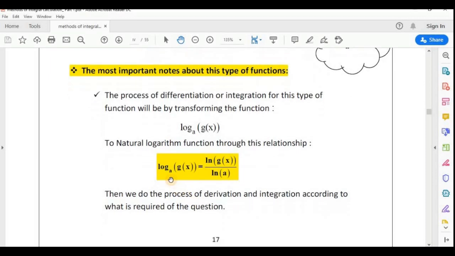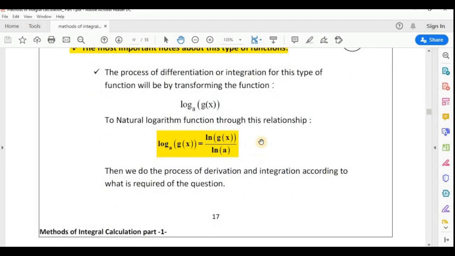So log base a of g(x) will be ln g(x), divided by ln a. This formula we should memorize to transfer the log to the natural logarithm.